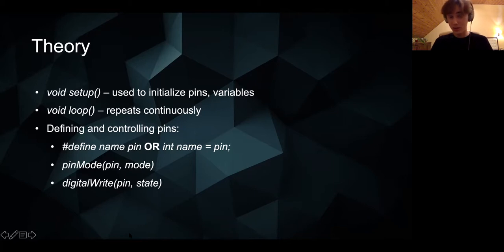And to control your pins, you use the digital write function. So you write digital write, you write the name of your pin and you assign a state. There are basically 2 types of states: low and high. As you write low, you turn off the device, and as you write high, you turn on the device.